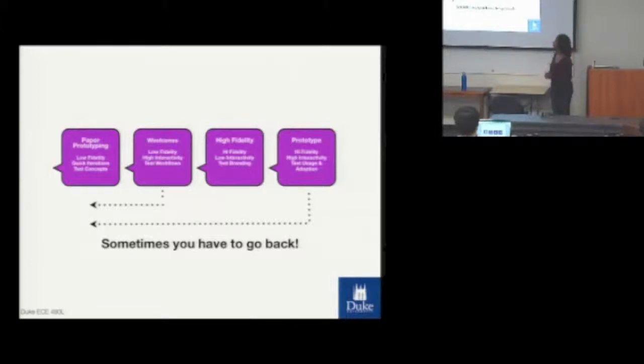Customers might be confused, or you might get all the way to the end where they say, this isn't really what I wanted, and then you've got to go back a couple steps or possibly all the steps. So realize that there are steps within this process and use them to your advantage because it's going to help you get traction on your product.